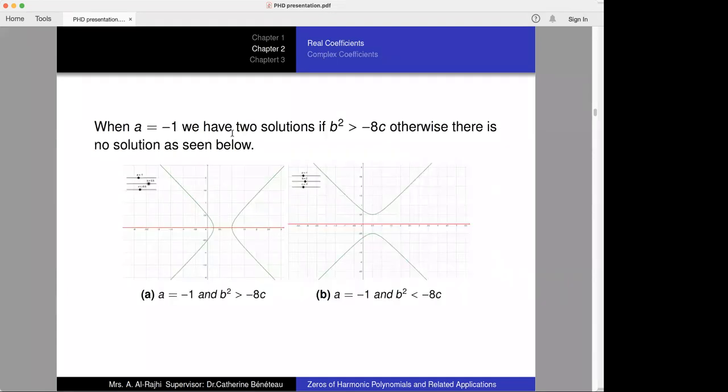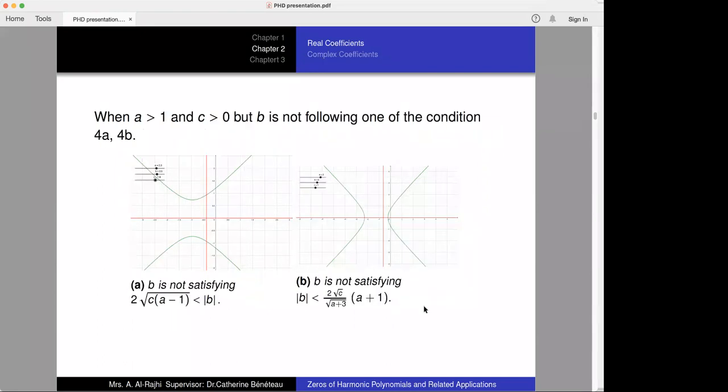For a equal to -1, we have this condition to be satisfied. As I said, if it's satisfied, we will have two solutions. As you see, the curves intersect the red line. And here they are not intersecting because it doesn't satisfy our condition.